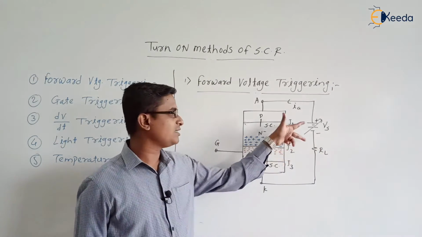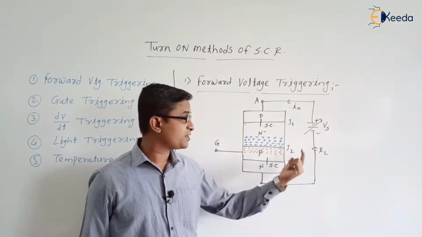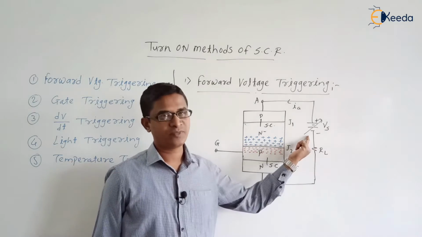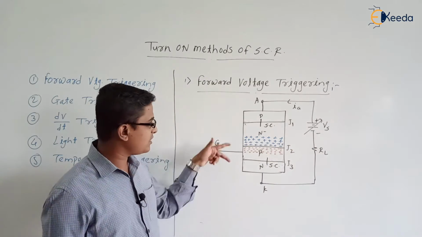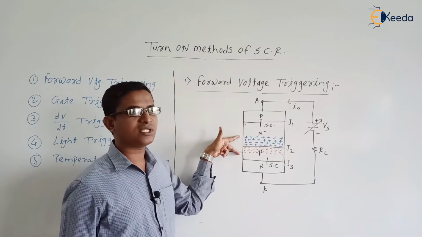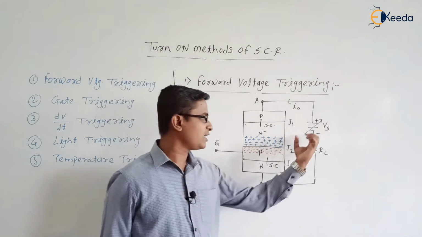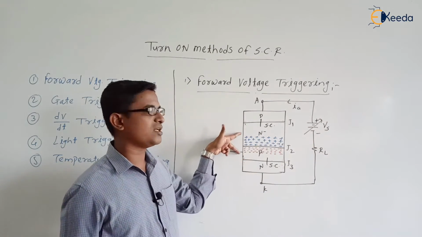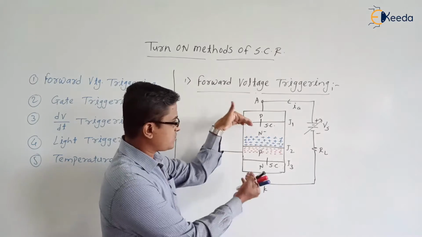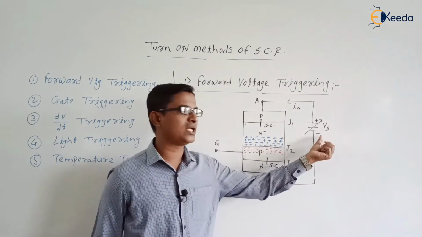Indirectly this voltage is like an EMF, electromotive force, and this force appears across the depletion layer at junction J2. If we further increase the voltage, the width goes on increasing, and the force on that depletion layer also increases.